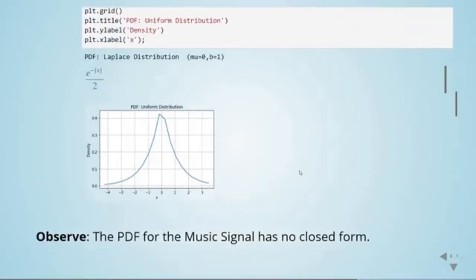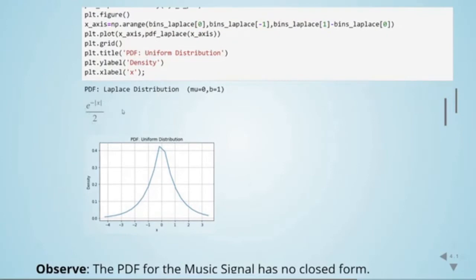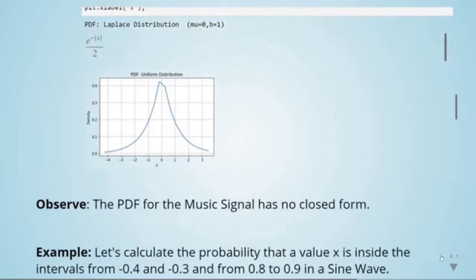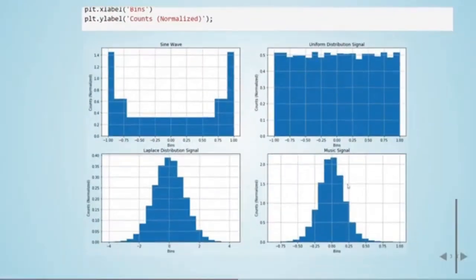And the PDF of the music signal has no closed form, so there is no formula that can describe it, so we have only the histogram to work with.